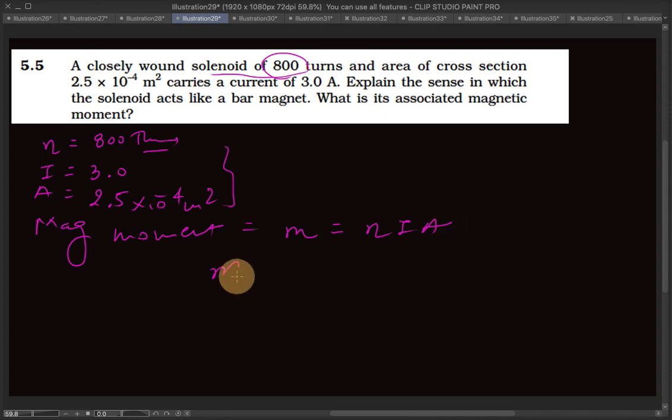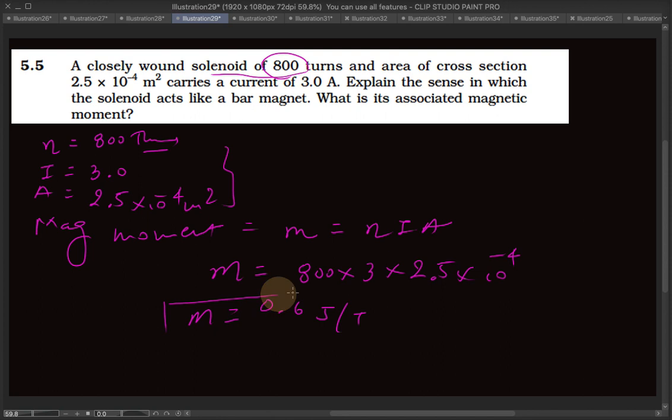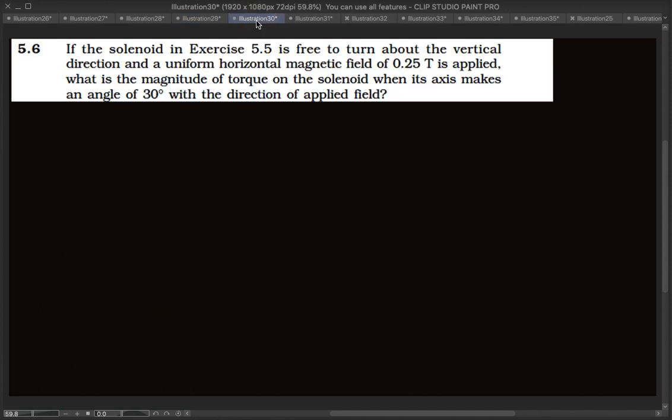So I am putting these values. Number of turns is 800, my current is 3, and this would be 2.5 × 10^-4. So my magnetic dipole moment over here is 0.6 joule per Tesla. So this is quite easy for you to solve such types of examples.